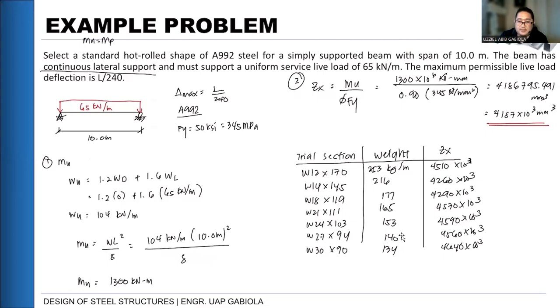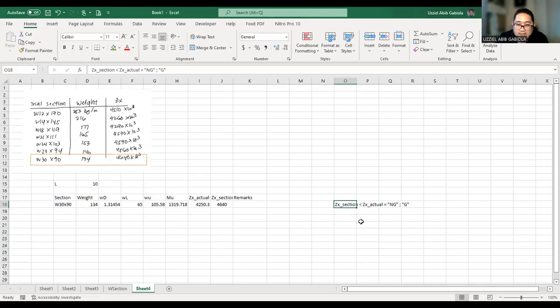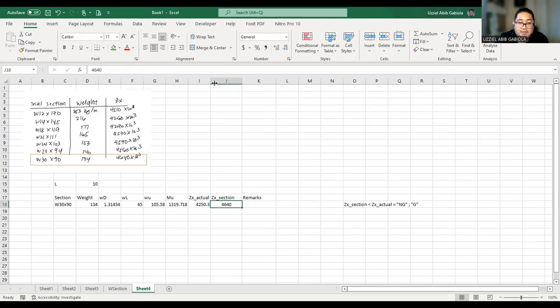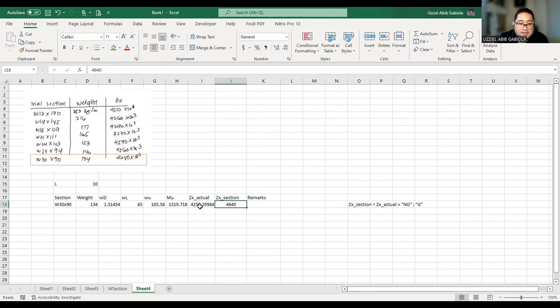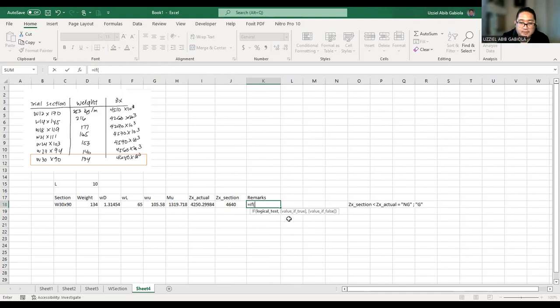Okay, going back dito. So, kapag yung Z section is less than doon sa actual, not good. Pero dito, yung Z section natin is greater than doon sa actual natin. So, ibig sabihin, kaya niyang i-carry yung required natin. Okay, so, if yung Z section natin ay less than dito, tsaka siya magiging not good, no?